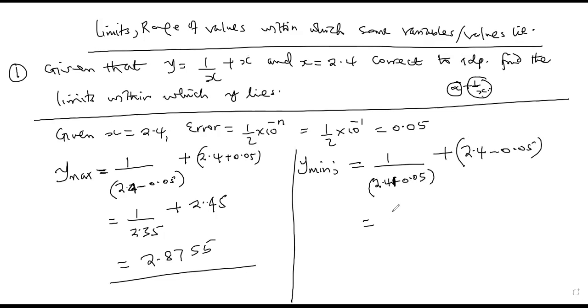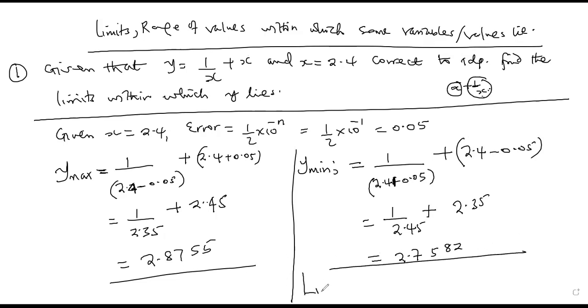So this is going to be 1 over 2.45 plus 2.35, which is 2.7582. But remember, when we are stating the limits, we begin by stating the minimum, comma, the maximum.